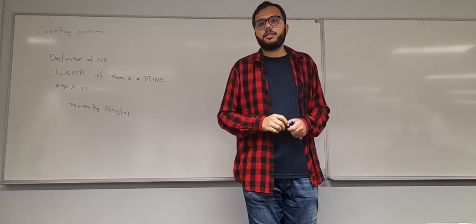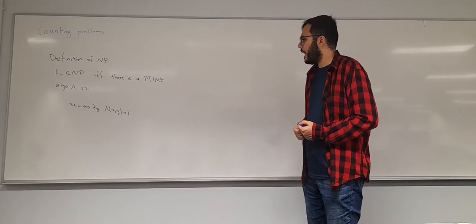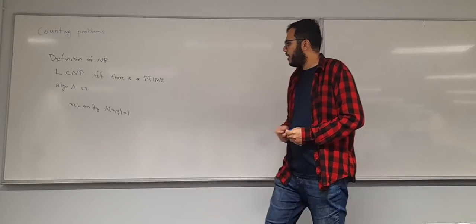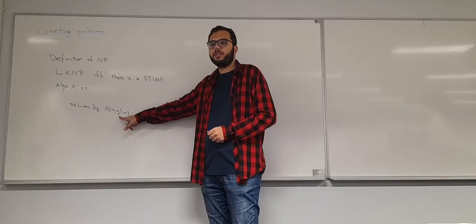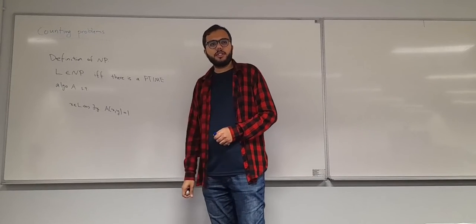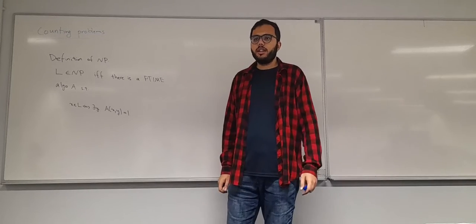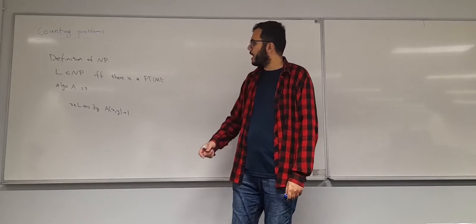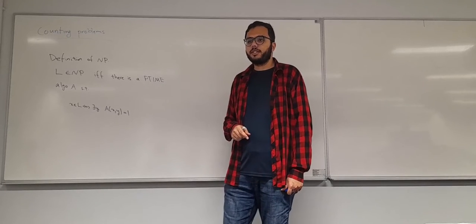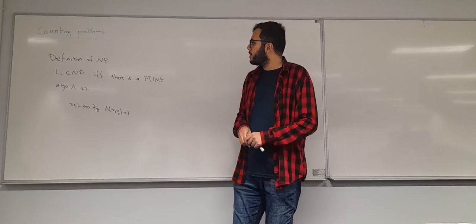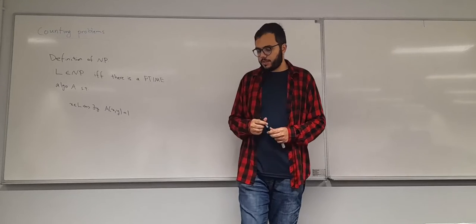Now, suppose that I go one step further and I ask you how many certificates there are for a particular x. So instead of just giving you some input x and asking you whether x is in this language L, I ask you how many certificates x has. So what are some real world examples of this?